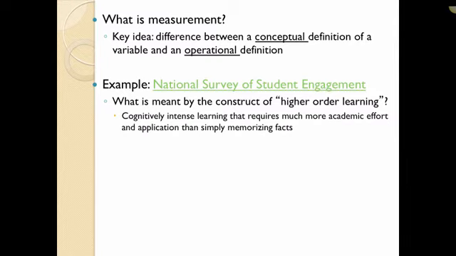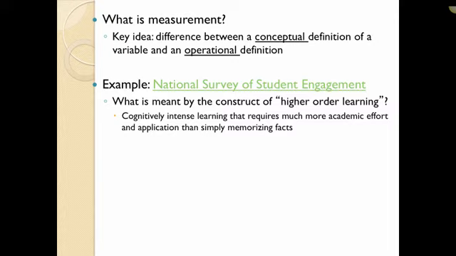They define higher order learning as cognitively intense learning that requires much more academic effort and application than simply memorizing facts. So the idea is that you're really engaged and involved and understand the concepts that you're exposed to in the classroom.